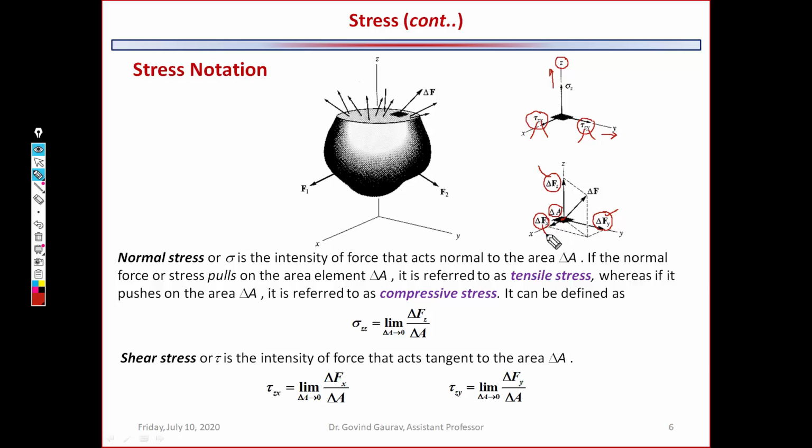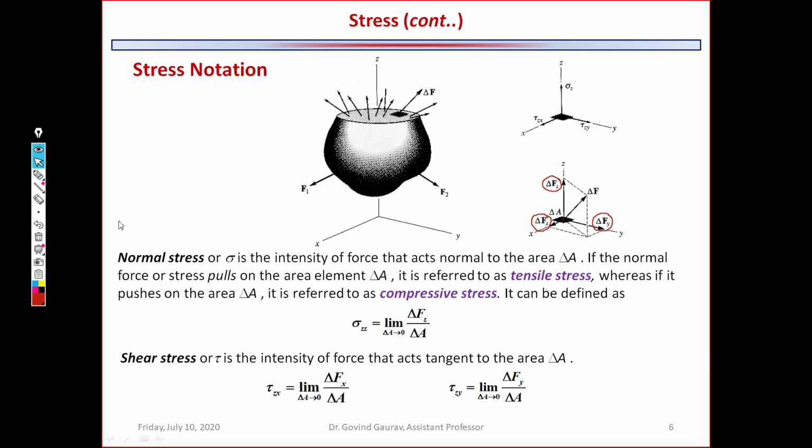If we are interested in finding the stress at this particular point, we will say delta Fx divided by the small area which we have selected. So in conclusion, at a particular point we can have one value of the normal stress and two values of the shearing stress acting at a particular plane.